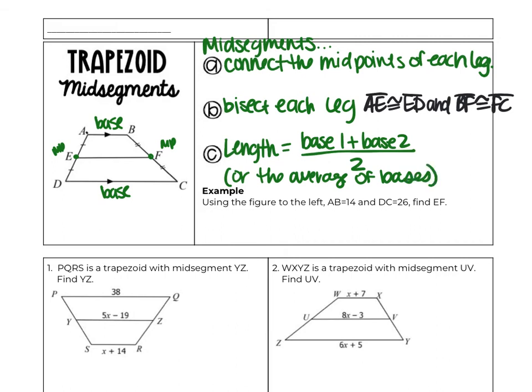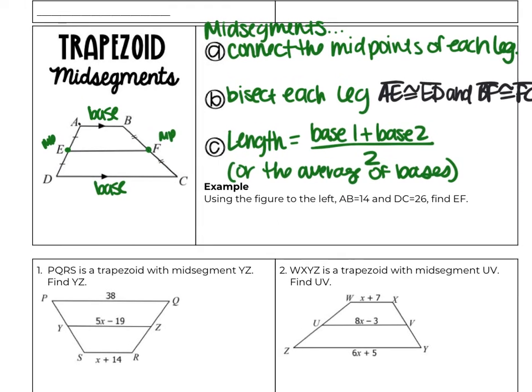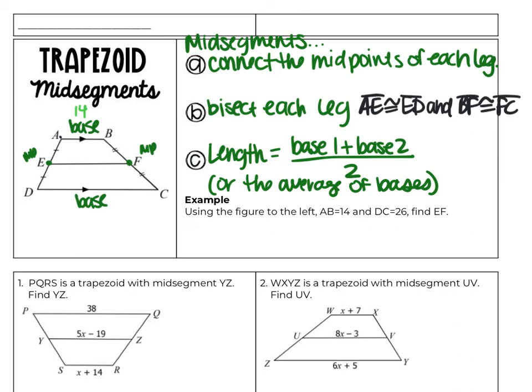going to be 2. So for the example, if we're looking at this picture using the figure to the left, AB is 14, they said, and DC is 26. So how would we find EF? Well, EF would equal, I would do 14 plus 26 divided by 2.